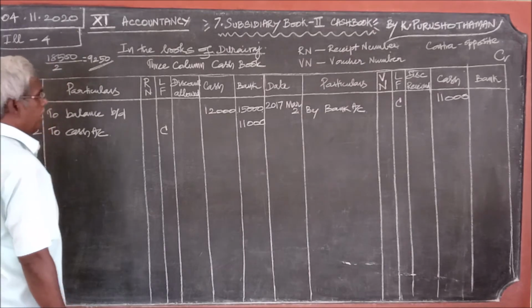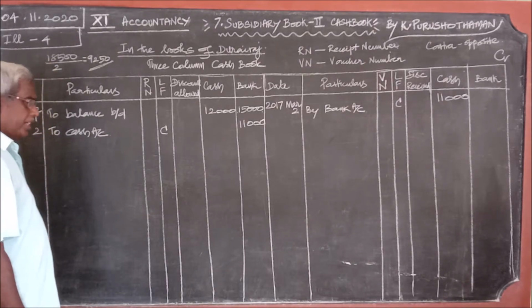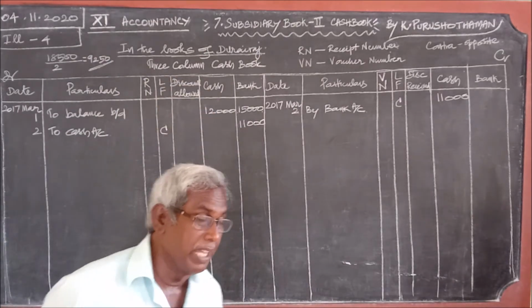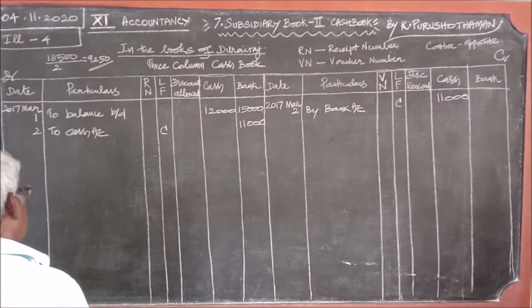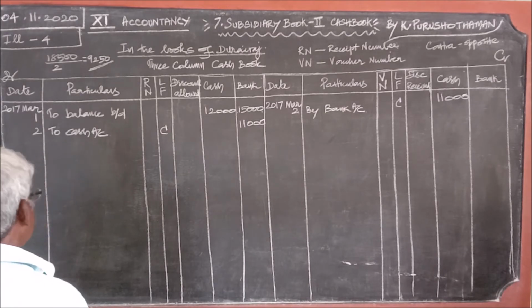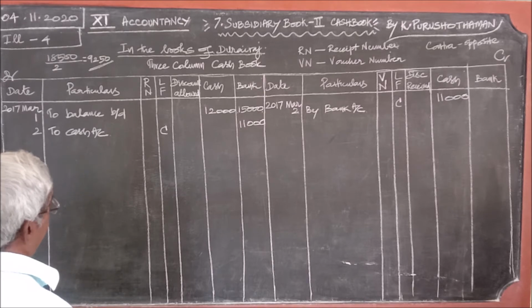For the rest of the amount, check is received and that check is deposited into bank immediately. See, these are some typical or difficult entries which you should follow very carefully.